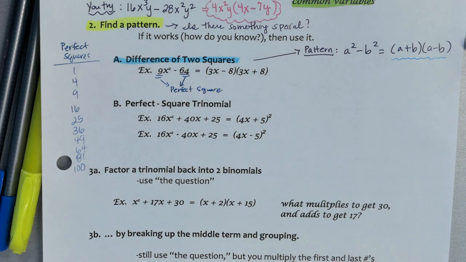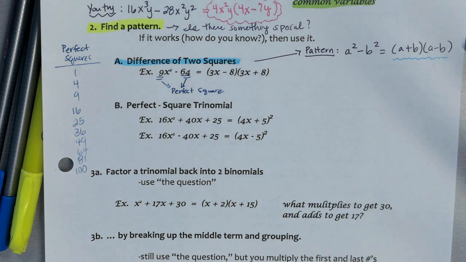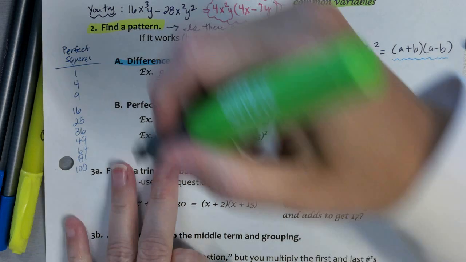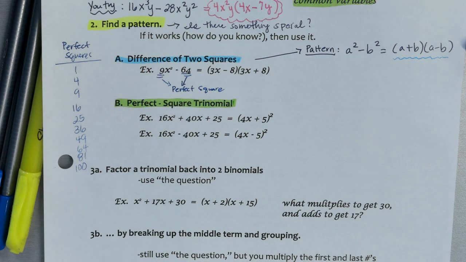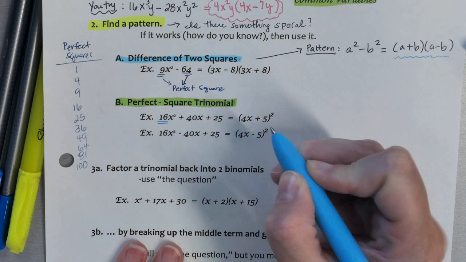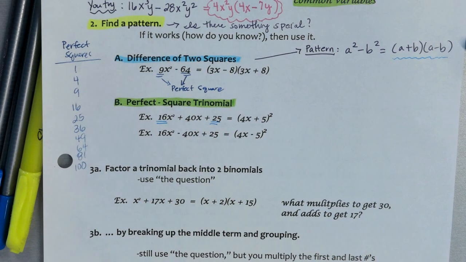All right, the next one is a perfect square trinomial. Now with the perfect square trinomials, it is not imperative that you recognize the pattern because you can get there just by guessing and checking. But I do want to show you how this works. So a perfect square trinomial is going to start with a perfect square, and it is going to end with a perfect square.